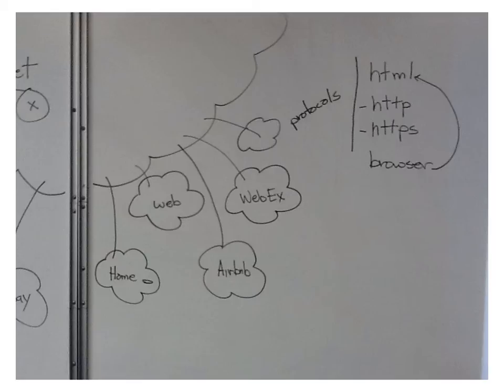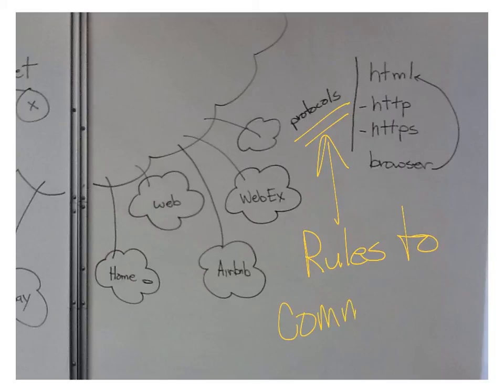Now, how does that work? Well, we have protocols. We have rules for communicating, if you want to think of it that way. A good example, or an example that was easy to look at, would be the World Wide Web.